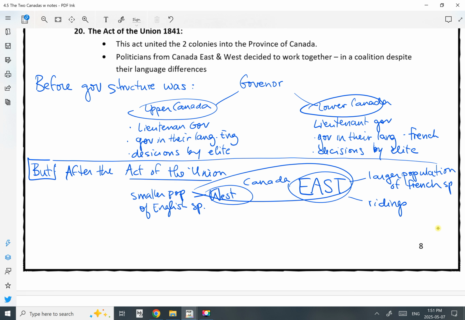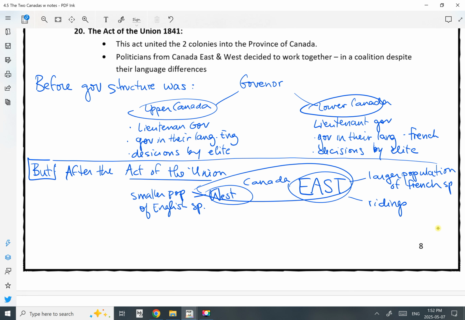The size of the riding or the borders sometimes change because populations swell or they add new people. And the idea is that each, say, 200,000 people gets a vote. Each 200,000 people get one person to represent them with their vote in government. And so that's what they did. They made it one united colony or province, so the province of Canada, but 2 ridings.